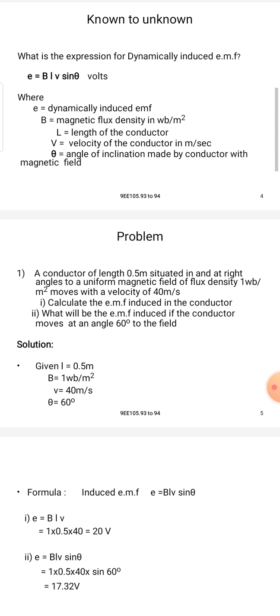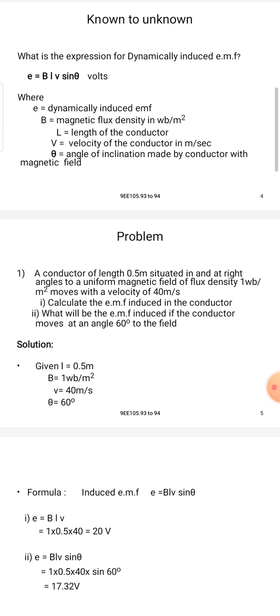Today we will explain dynamically induced EMF. The derivation of dynamically induced EMF was completed last class. Today we start problems on dynamically induced EMF.